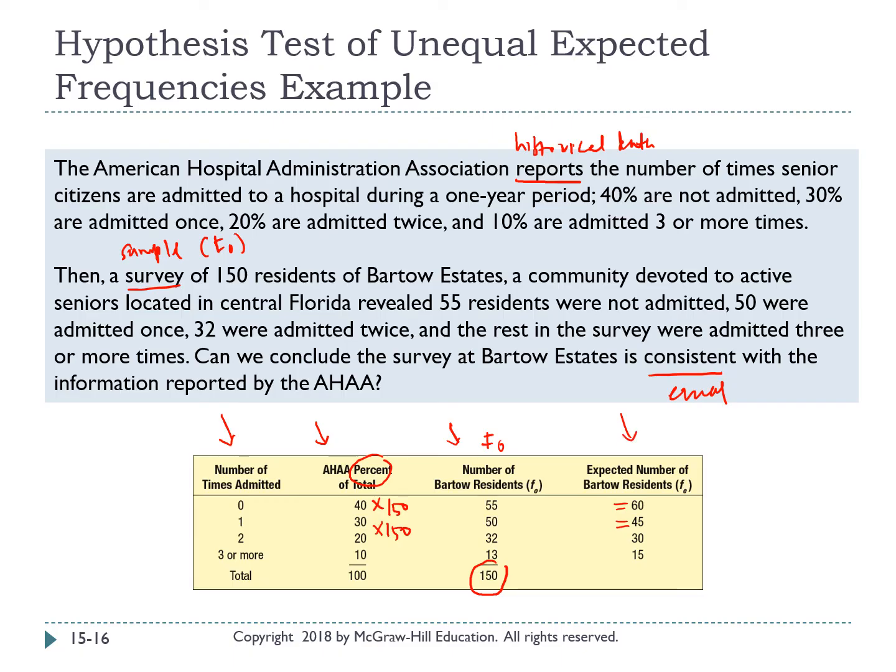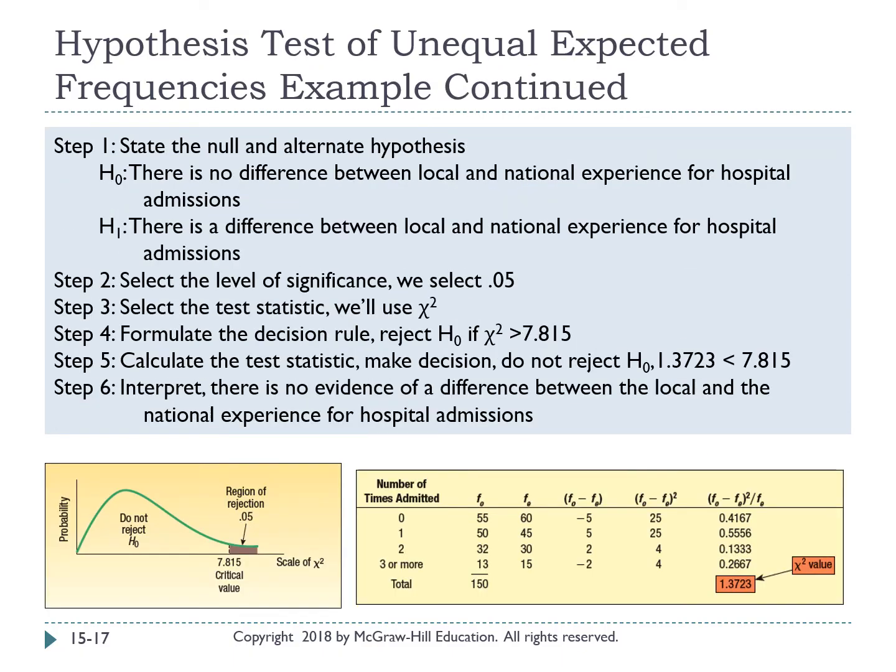Okay, let's start writing our 6 steps of hypothesis testing. So we have to write the null and alternate hypothesis. Our H1 is there is a difference between the local, here referring to the Bartow Estate residents, and national experience. National refers to the reports given by the American Association for Hospital Administration. So why do I use the word difference?